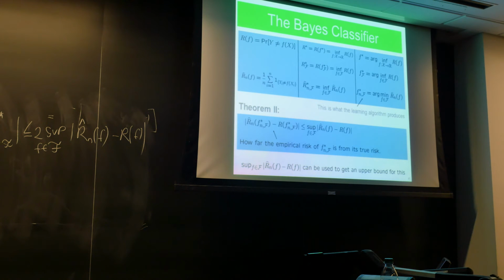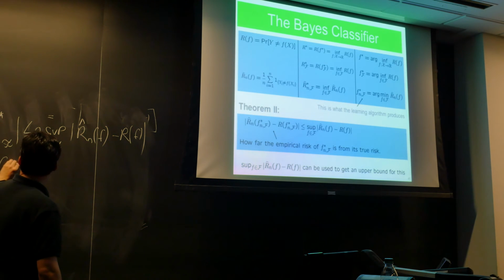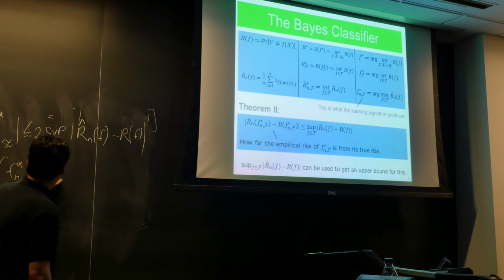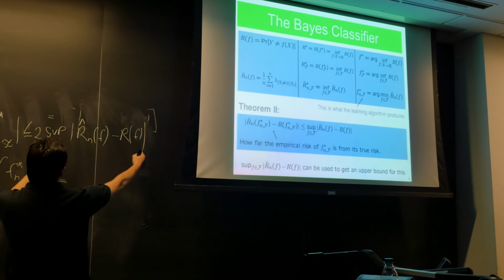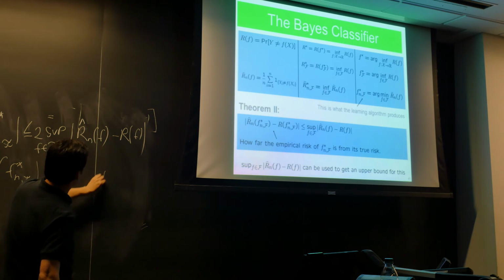I can calculate its empirical risk, that's this quantity, minus the true risk, that I cannot calculate, of the same function. It can be upper bounded exactly with this quantity here, except we don't have the 2.